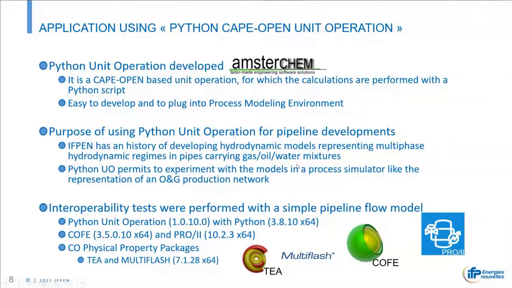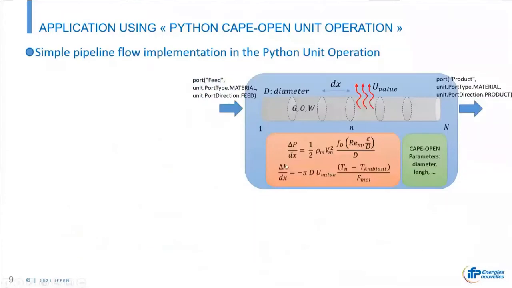If we move to the next slide, please, Michel. Okay, so this is a simple view of the model of the pipe. It's not really complicated. There is an inlet port and an outlet port, material ports. Then we have different cells and a pipe diameter, and there are two equations. The first equation is for calculating the pressure drop in the pipe.